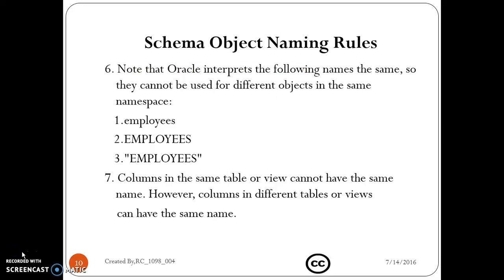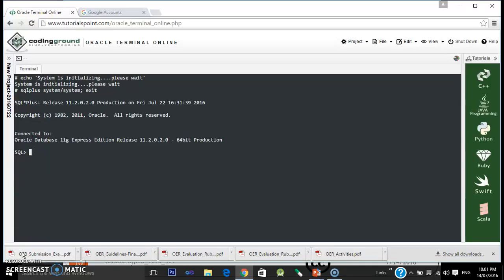Now we will see a demonstration. Type connect, username system, password is system. So if you want to create a table employee, I have discussed the rules to give a table name.